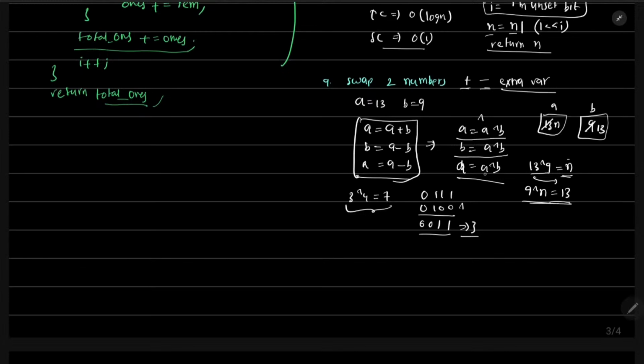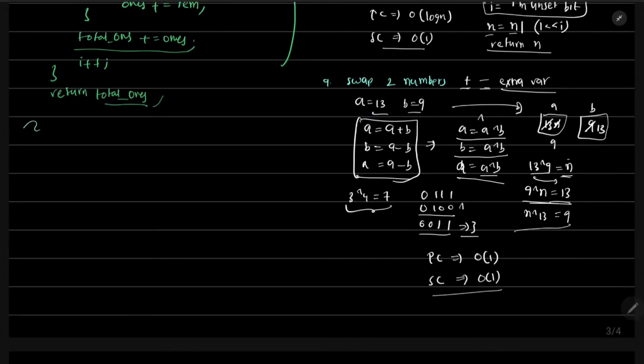And a equal to a XOR b again. So what happens if I do n XOR 13? Yes, you are correct. It will be 9. So instead of this, I will be keeping 9. So these things are swapped easily, right? This takes time complexity of big O of 1, and space complexity of big O of 1 again. It's very simple problem, guys.